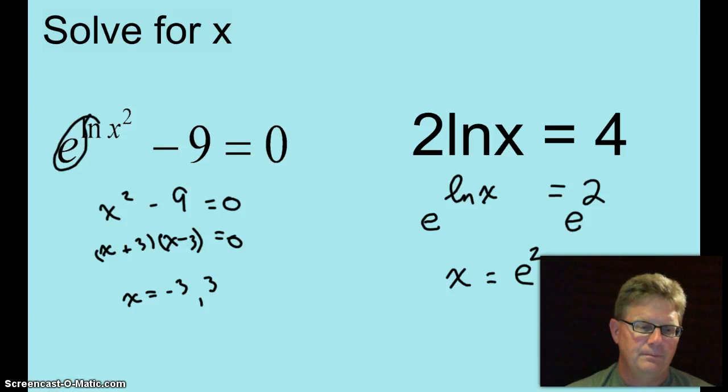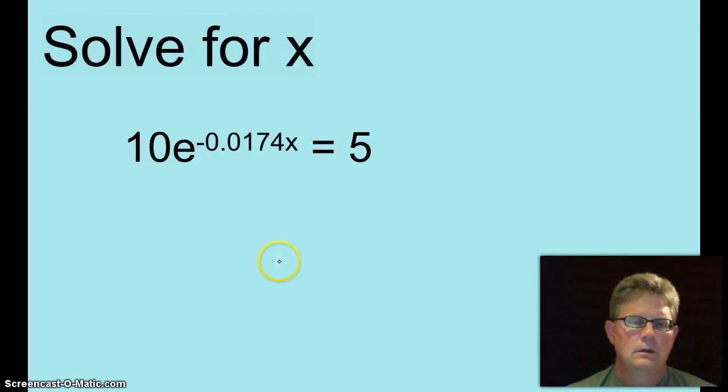Alright, let's move on. And once again, solve for x. 10e to the negative 0.0174x equals 5. Once again, in order to deal with this, what we'd like to do is to get rid of the coefficient if we can.